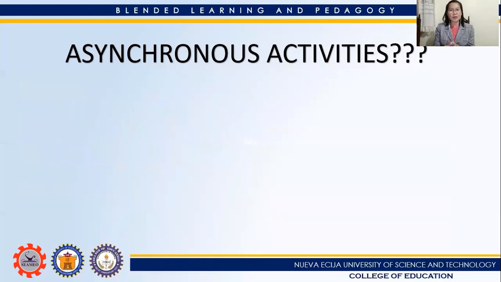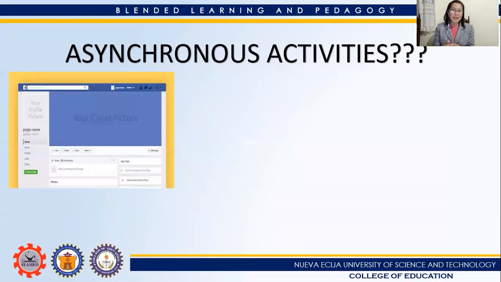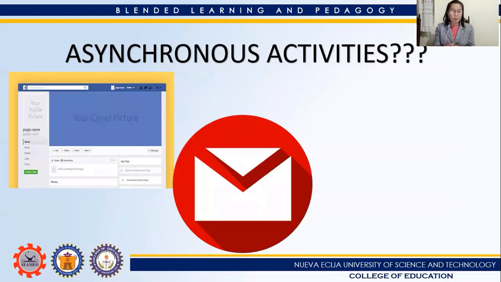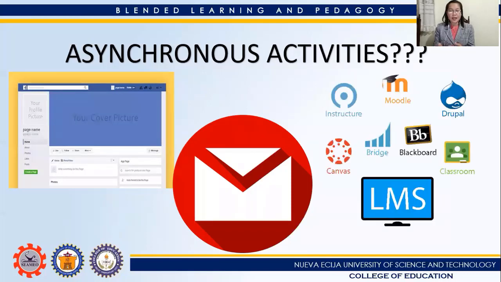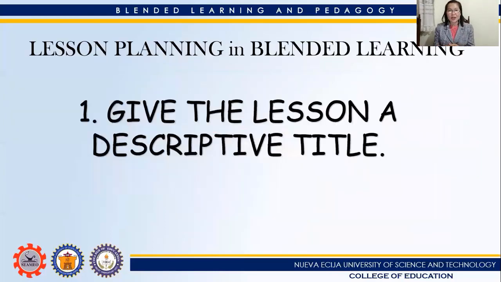So some examples of these are, you can simply post a document or anything that can help the students on your Facebook page, and then send them modules through Gmail and find a learning management system that is most appropriate for them. So after knowing synchronous and asynchronous activities, you are now ready for blending.